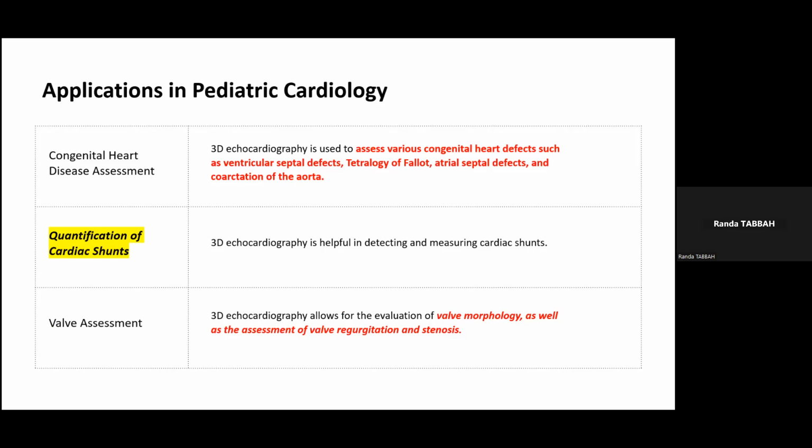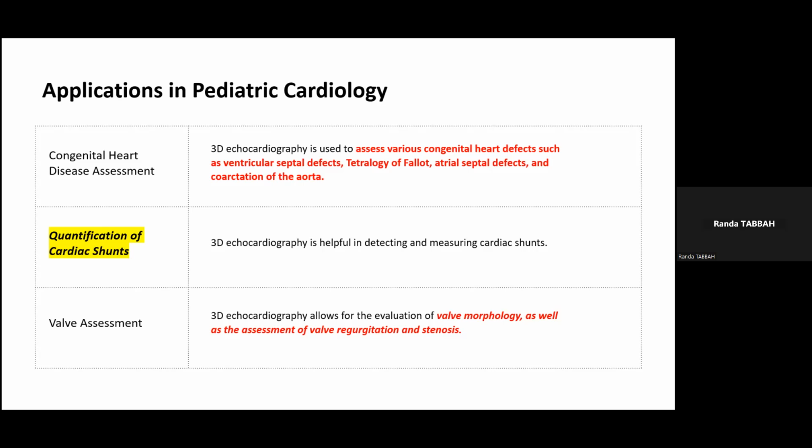In case of tetralogy of Fallot, for example, when you have several atrial septal defects, not only one, we can't see that with 2D alone. We need more advanced techniques to see if we have several defects and not only one. I will give you some images after.